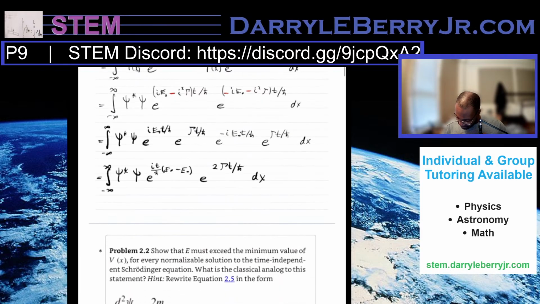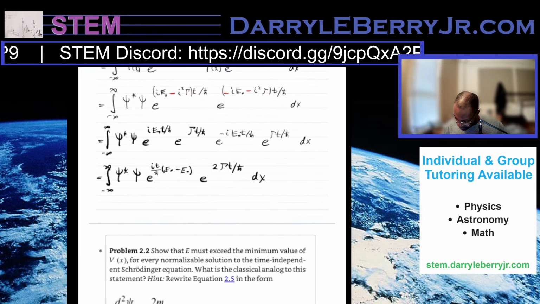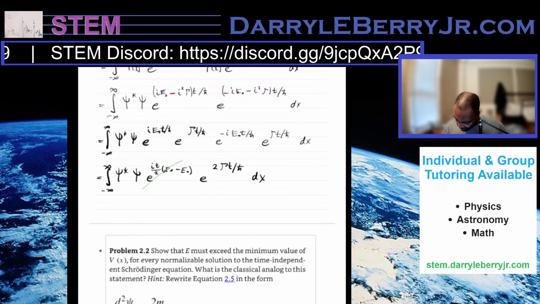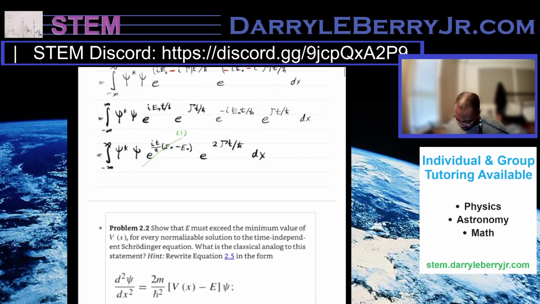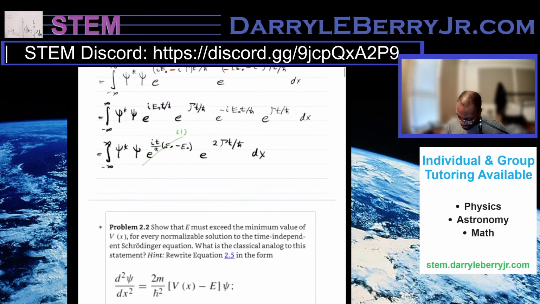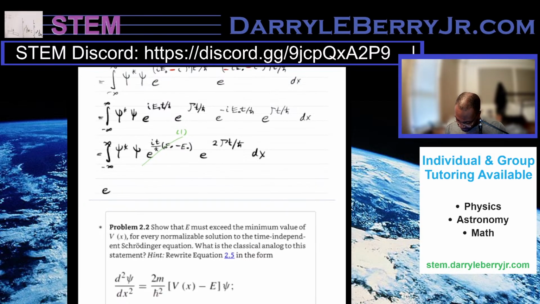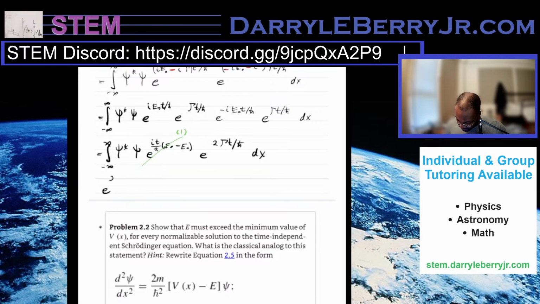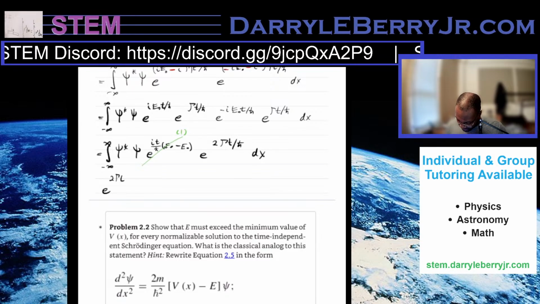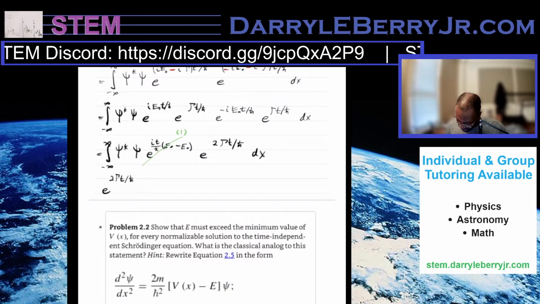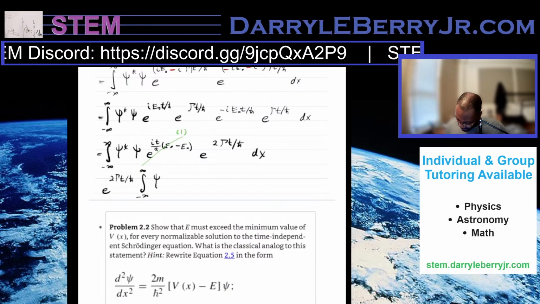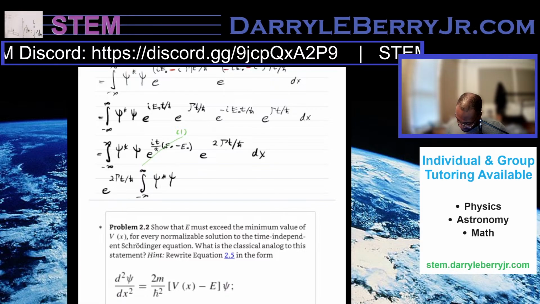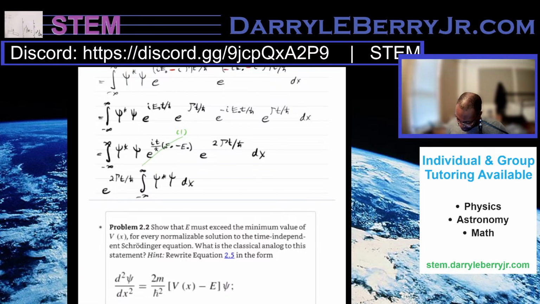Right? So this becomes 1 because it's e minus e naught, so it's e to the 0. So now I have e to the 2 lambda t over h bar, and the integral from negative infinity to infinity of psi dx.